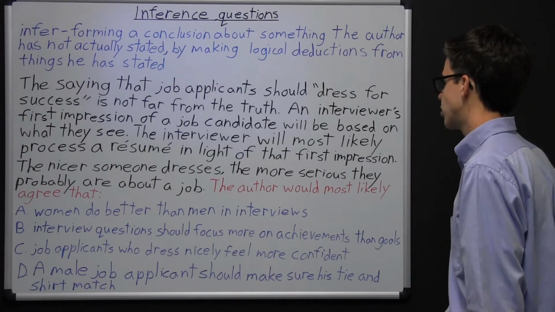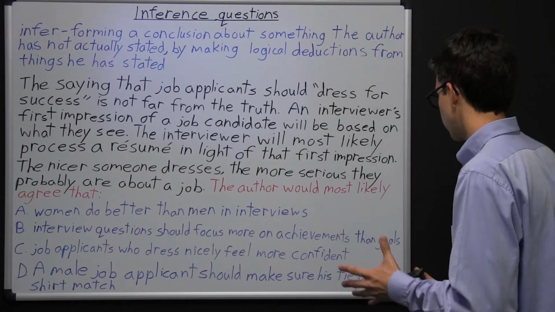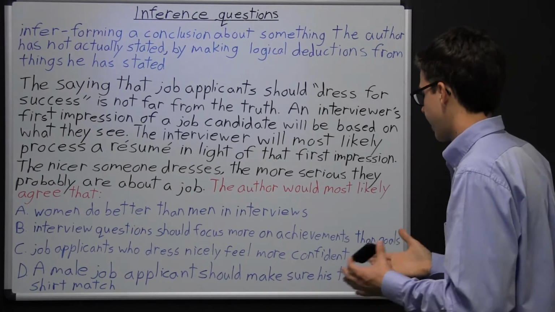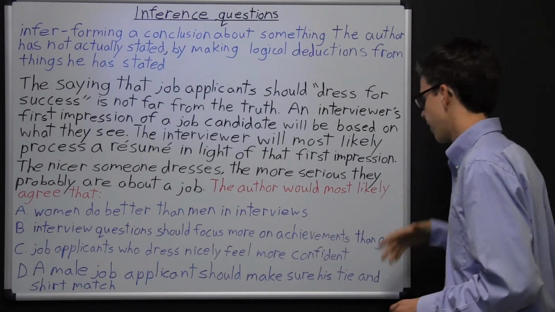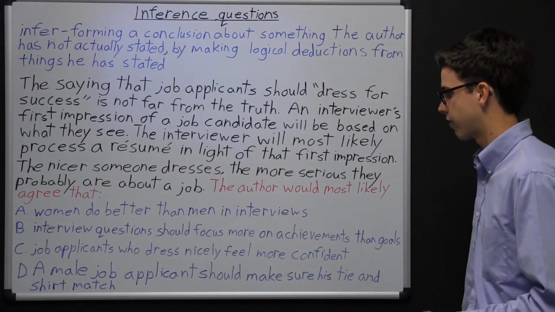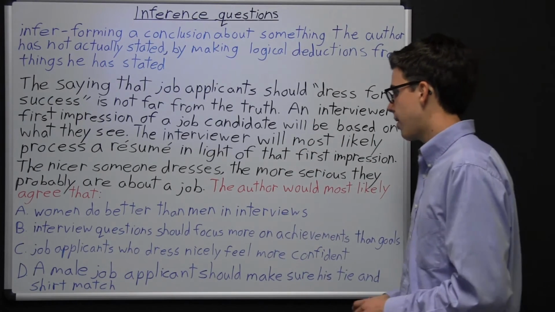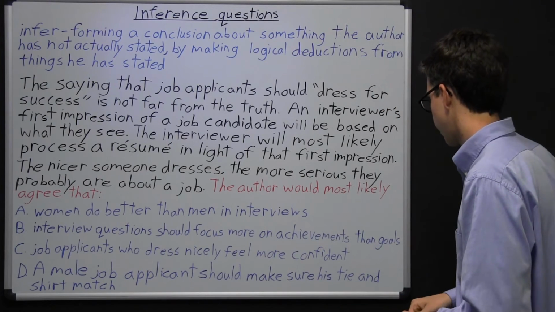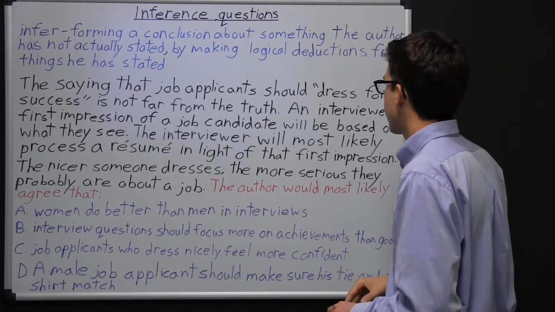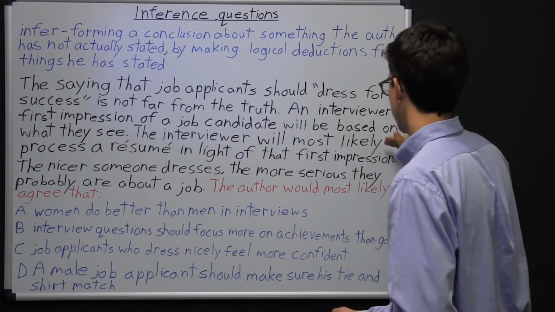B says interview questions should focus more on achievements than goals. Well, I mean, that makes sense that you should ask a candidate about their past achievements rather than their future goals. But again, there's nothing to back it up, no evidence for that. C says job applicants who dress nicely feel more confident. That sounds good. That's probably true. And that seems to be supported by this.